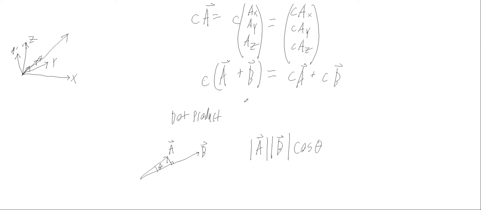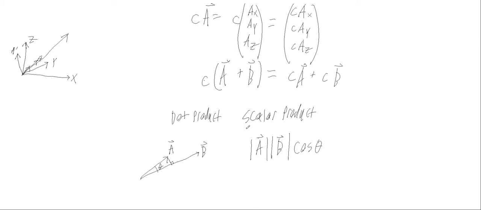And this is sometimes also called the scalar product, because what you get from this is a scalar. You do not get another vector from this. You just get a scalar from it.